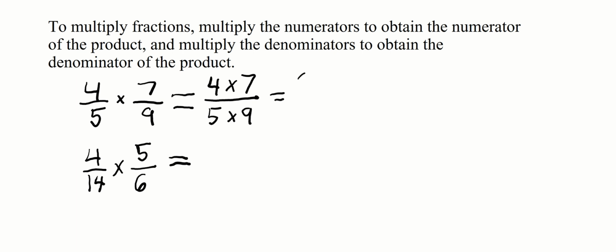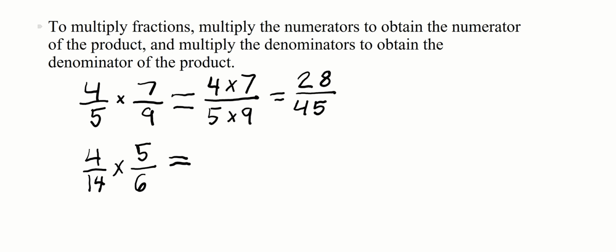Four times 7 equals 28, and 5 times 9 equals 45. So 4 fifths times 7 ninths equals 28 45ths, or 28 over 45.